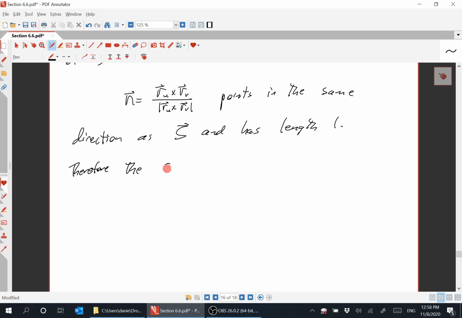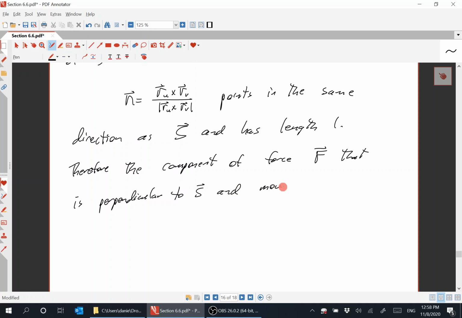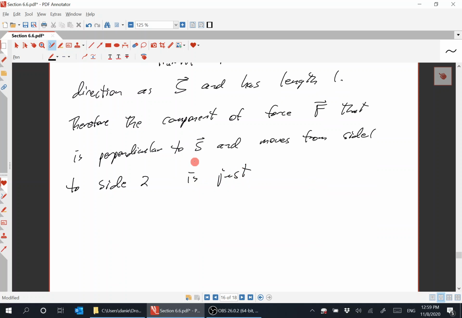And has length 1. Therefore, the component of force F that is perpendicular to S and moves from side 1 to side 2 is just F dot n.